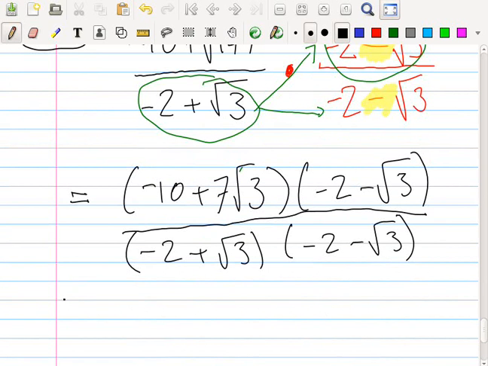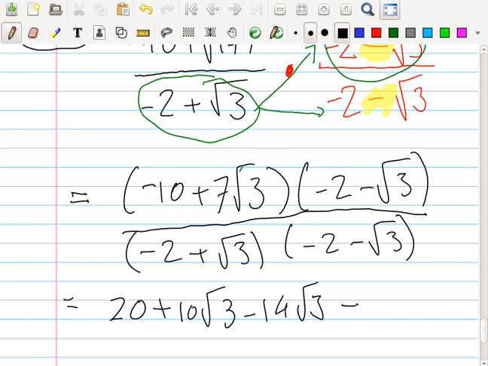So a little bit of help here. On the top I get 20 plus 10 root 3 minus 14 root 3 minus 7 root 3. Well, why do you get 7? Thank you.